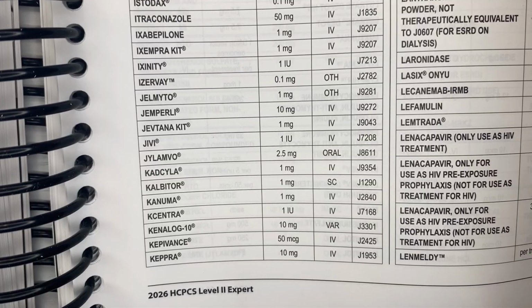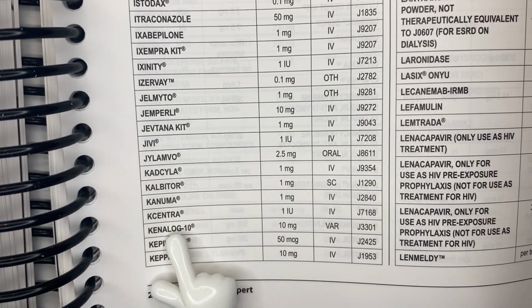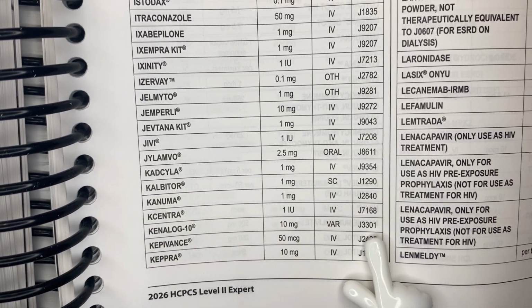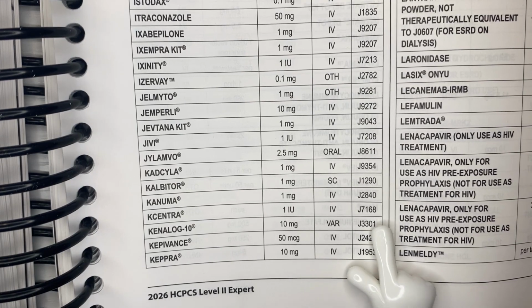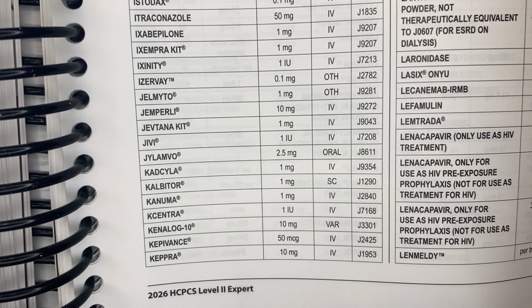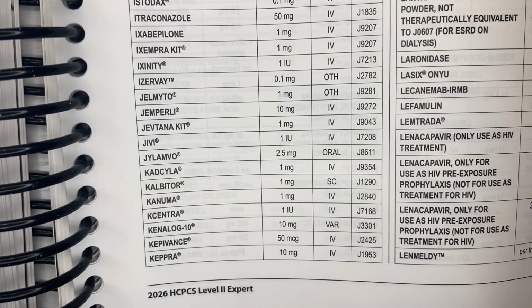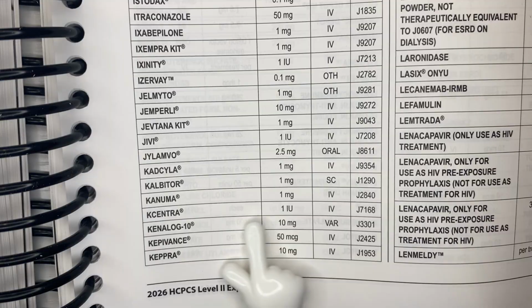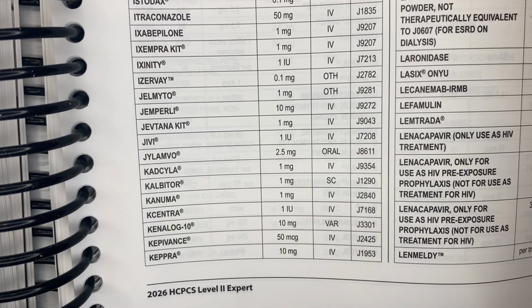We're going to look up our drug by name, which is Kenalog. Kenalog gives us the code J3301. So that is for the injection of the Kenalog. But the key word is the 10 milligrams. If you see here, this code is only for 10 milligrams. So the provider gave 40 milligrams, so we have to calculate.